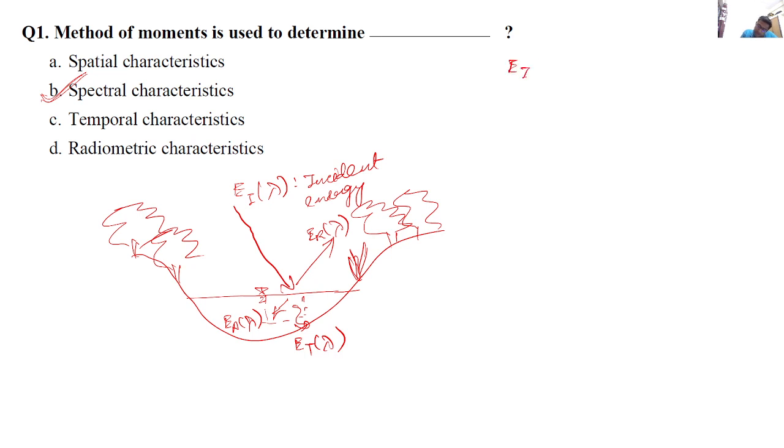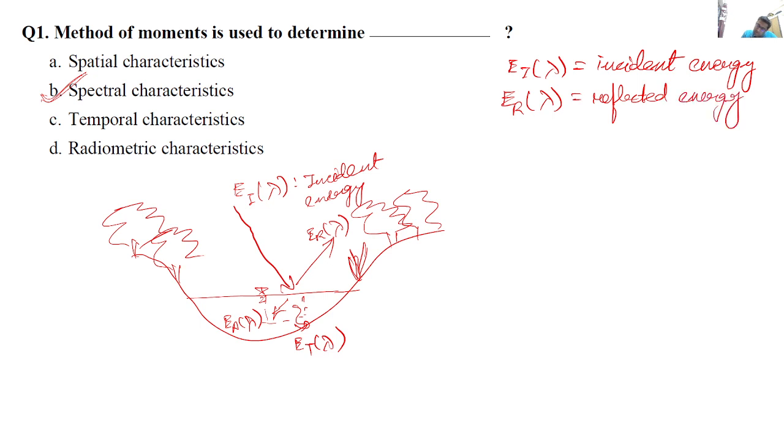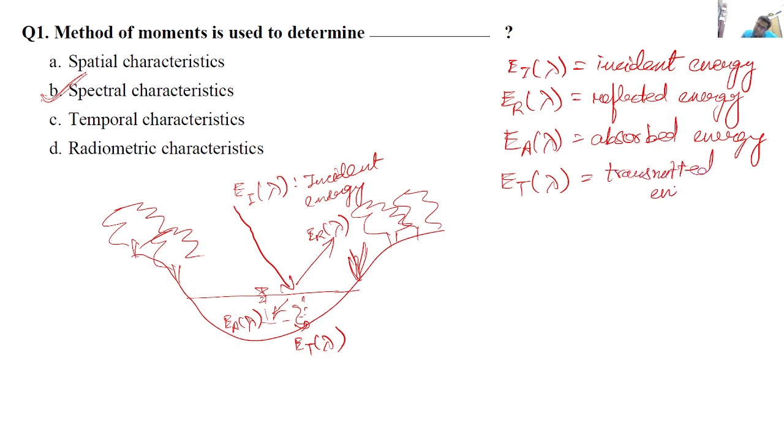So EI lambda is the incident energy which falls on the surface, ER lambda is the reflected energy, EA lambda is the absorbed energy by the surface, and ET lambda is the transmitted energy.